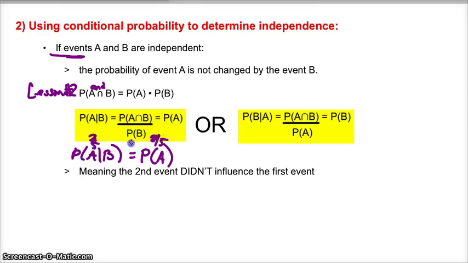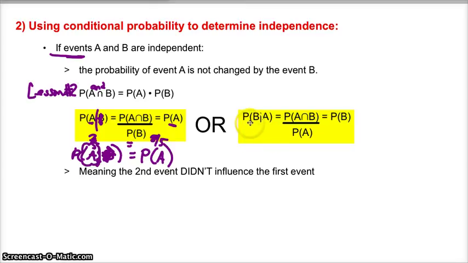If these are identical, that means event B taking place didn't impact event A. Think about what this says: the probability of event A given that B has already occurred. If A and B are two events that have nothing to do with each other, then whatever B did isn't going to influence A, and their probabilities will be identical.